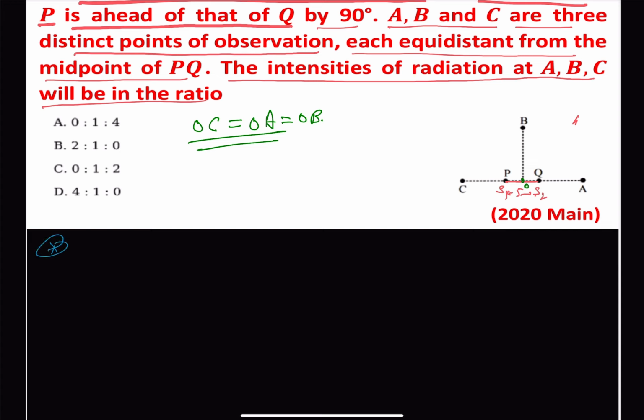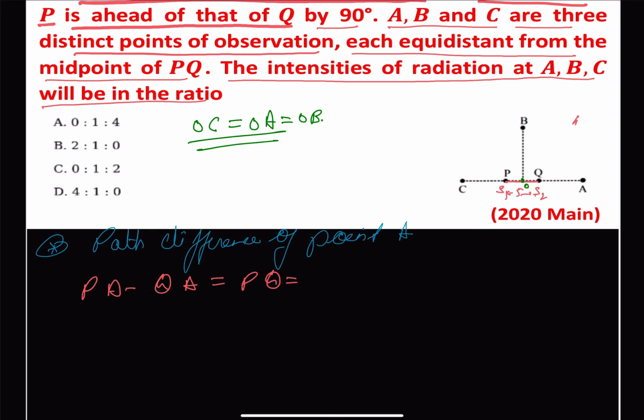So we can say the path difference of point A, because of the two sources, is equal to PA minus QA, and that is obviously equal to PQ.